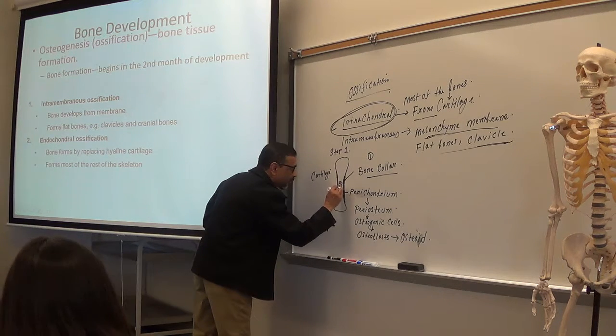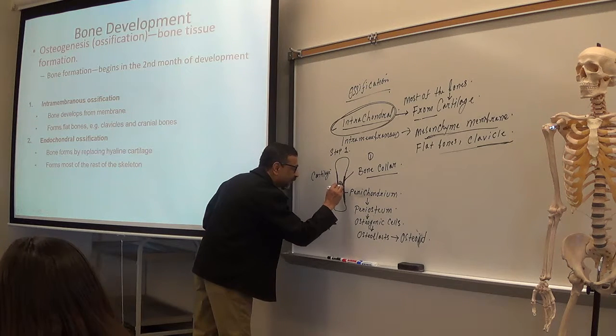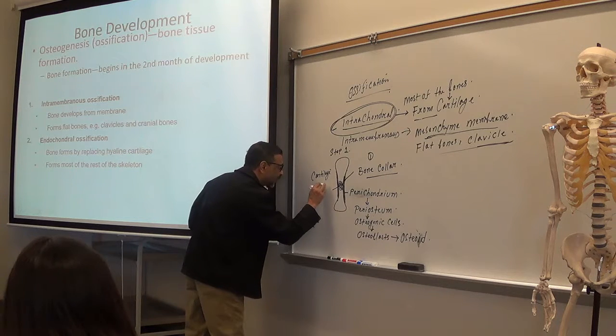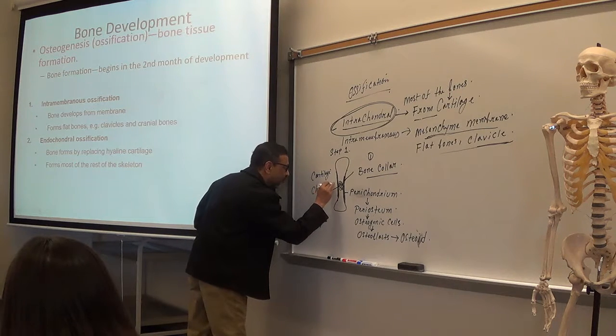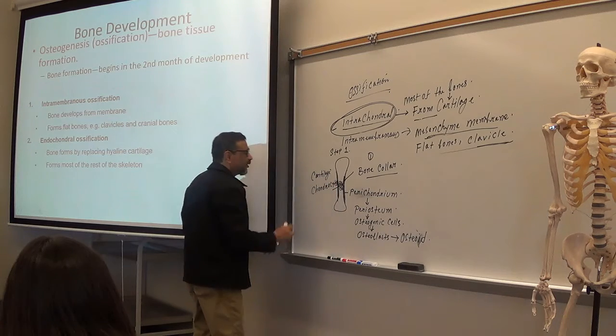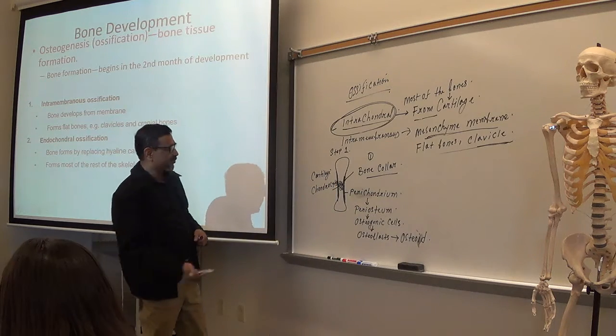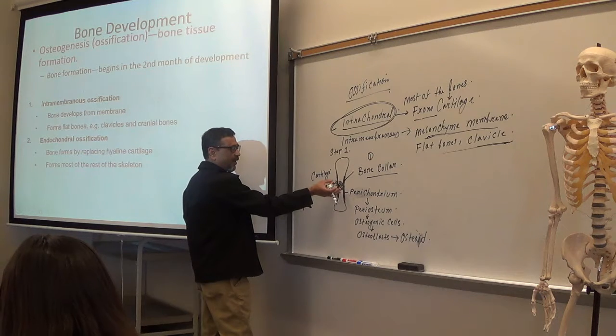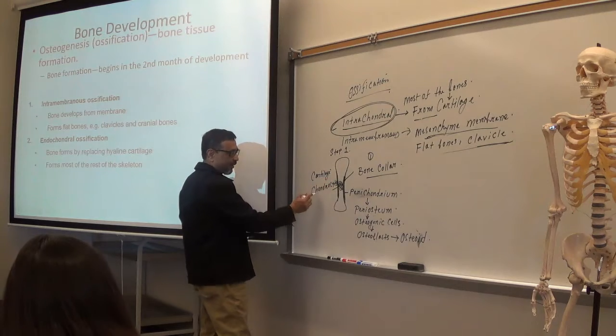Those chondrocytes are located in the center of the shaft. These are the chondrocytes. Cartilage cells. They start to get bigger. Hypertrophy of the chondrocytes.